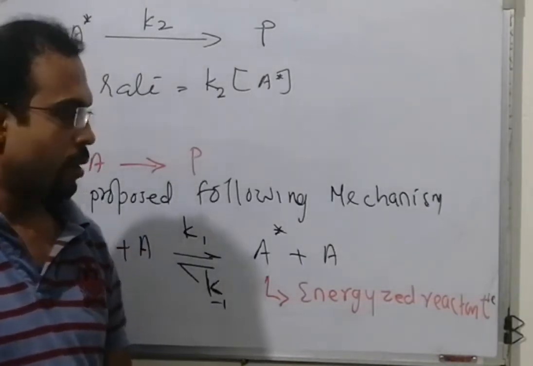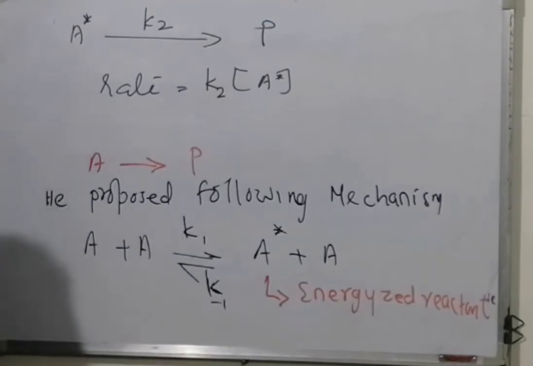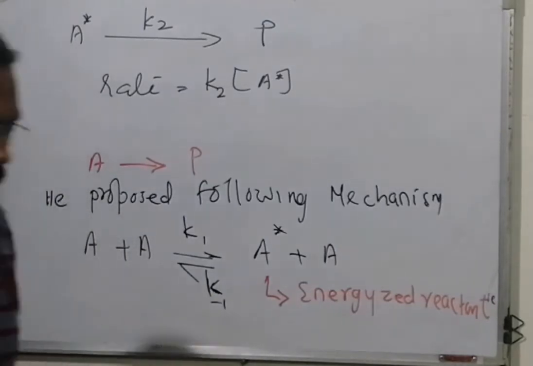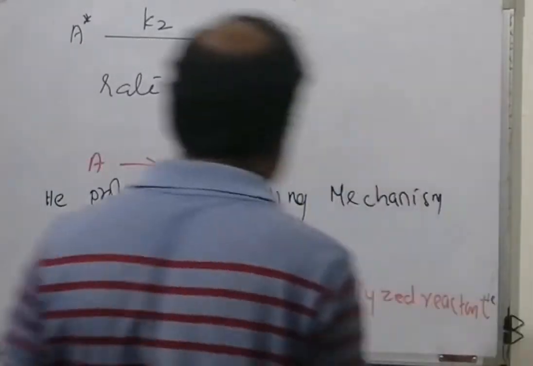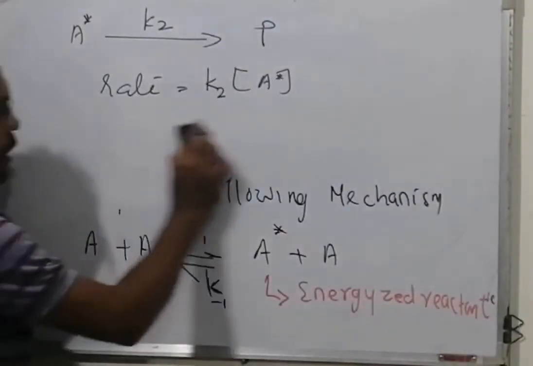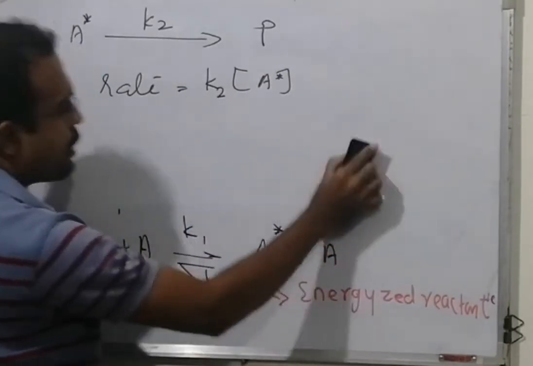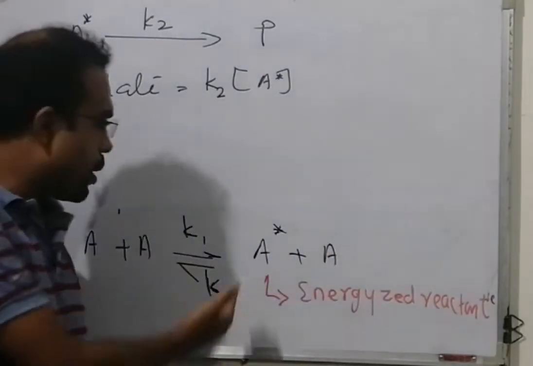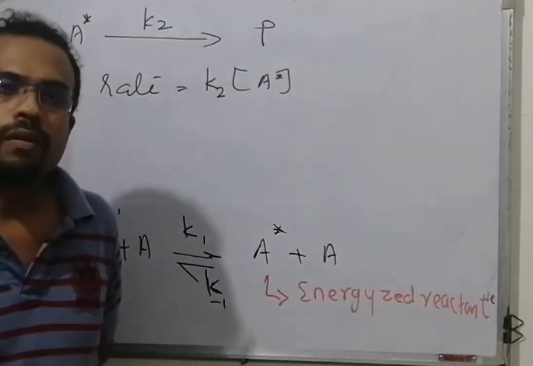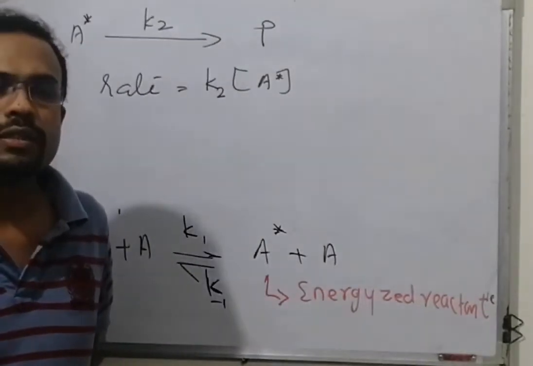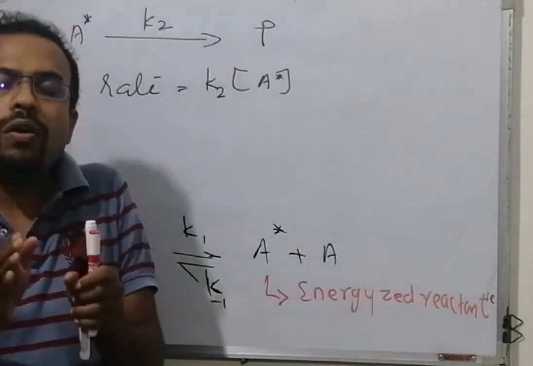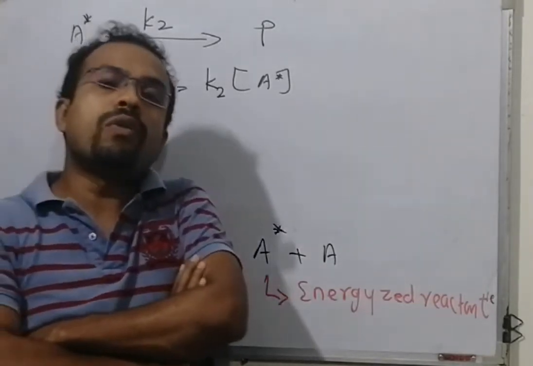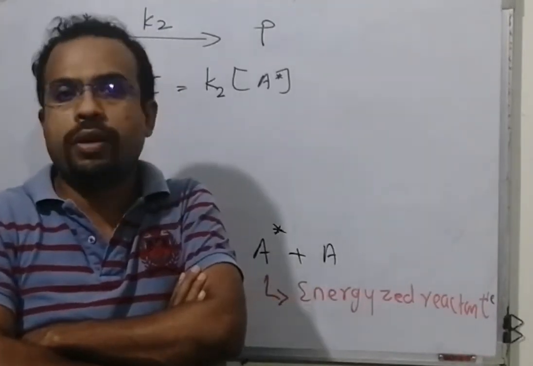But again, the problem continues. A star is not the reactant we have added. A star is an intermediate species, a high energy species. We don't know the exact concentration of A star, particularly whatever amount is converted into products.